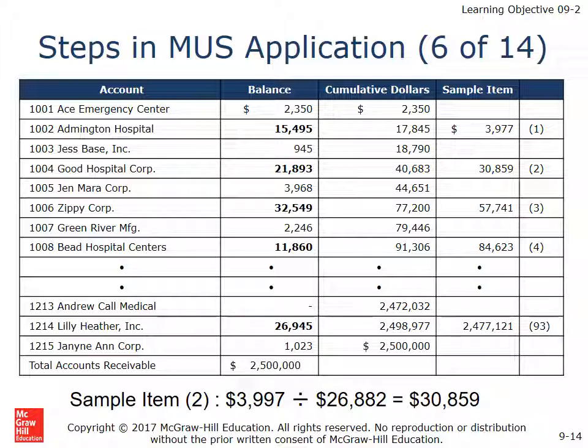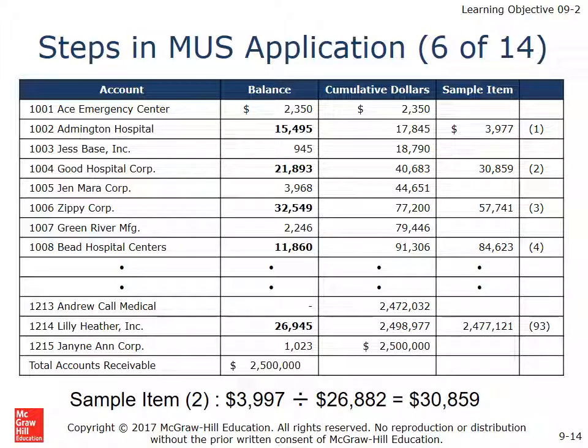So first you list all your customers in some kind of order. Go to $39.77. Well, $39.77 is in Admington Hospital. The first $23.50 is in AC emergency. The monetary unit, or that logical unit, $39.77 then, would be within Admington Hospital.